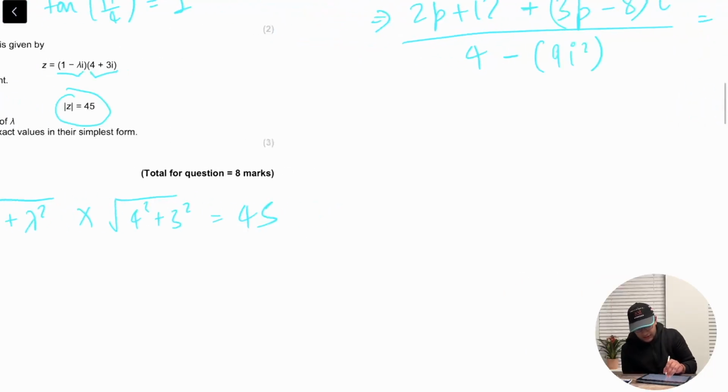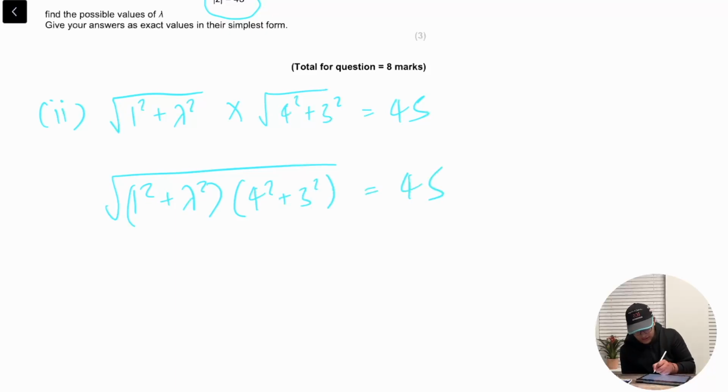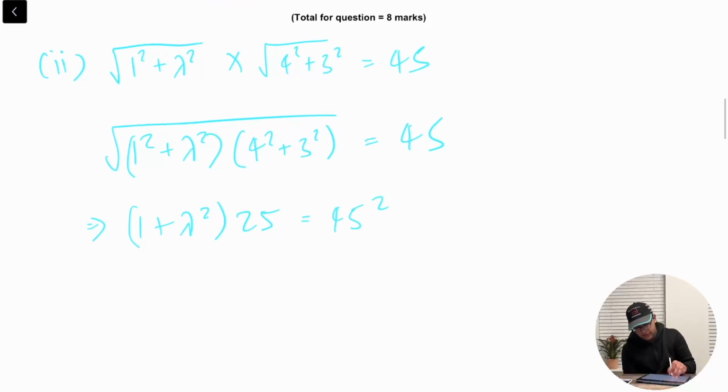So we can take this under one common square root. So root of 1 squared plus lambda squared times 4 squared plus 3 squared equals 45, right? This means that 1 plus lambda squared times 25 equals 45 squared. 16 plus 9 is 25.